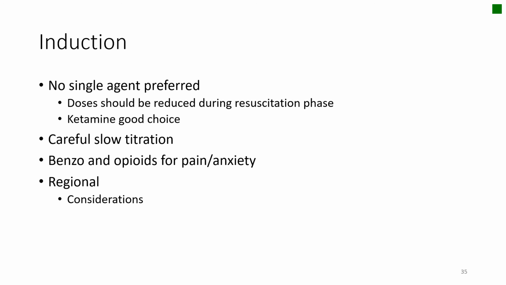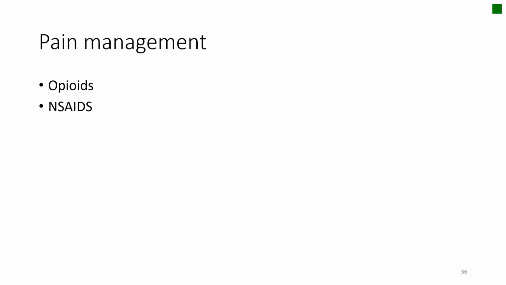Catheters can extend the regional block for post-operative infusion analgesia. Pain management. Again, opioids are an important adjunct in the care of burn patients. Also, non-steroidal anti-inflammatory agents can be effective analgesics for smaller superficial burns.